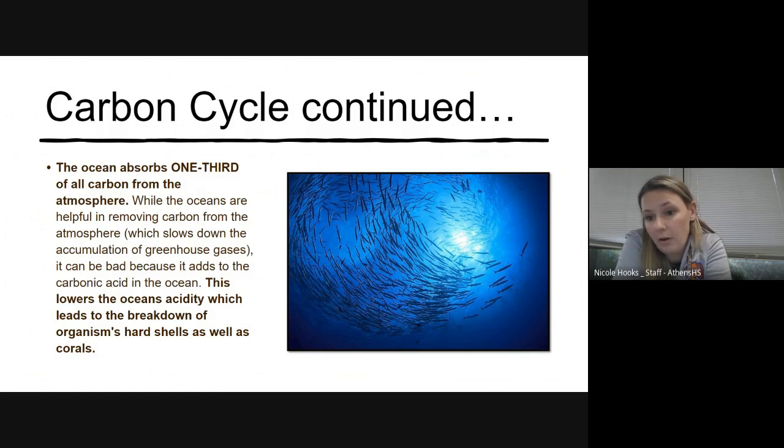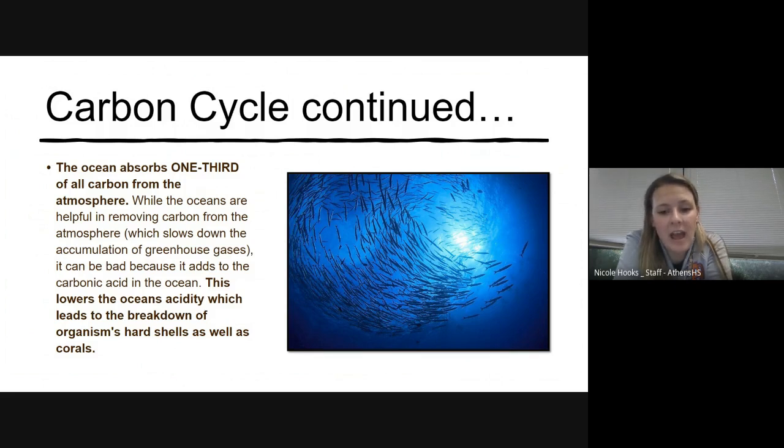Some of you may have heard of ocean acidification. It is a serious issue that breaks down the hard shells of organisms, including corals. So it makes corals a lot more difficult to form. It makes crabs. Crabs have to molt, and then they make a new shell every few years.